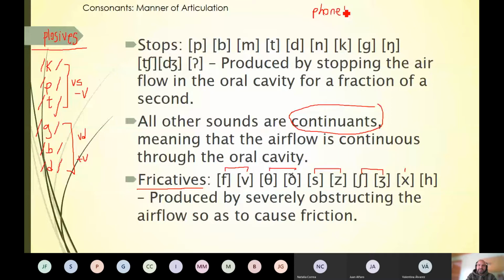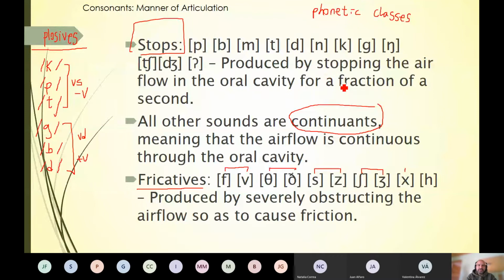So some sounds can be classified into, for example, plosives, fricatives, affricates, liquids, and glides, right? And also there are major categories or phonetic classes that can group these sounds into larger categories. For example, continuants, which are sounds in which the airflow is continuous, and stop sounds are the ones in which there's some complete obstruction for a fraction of a second.